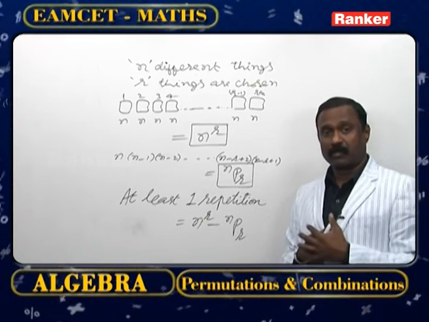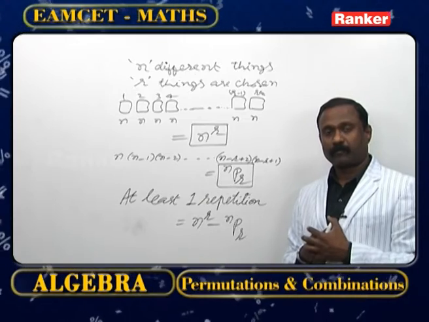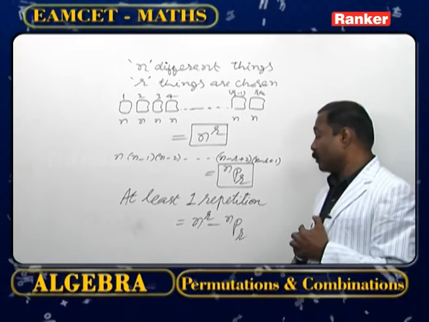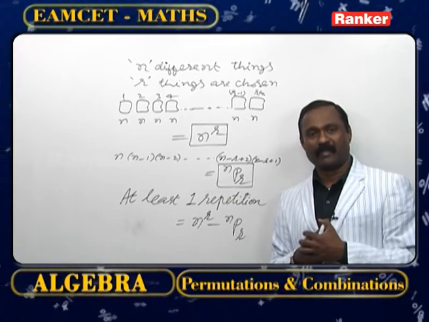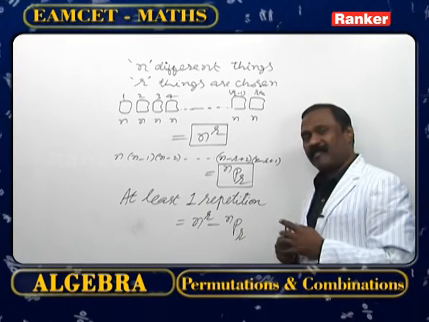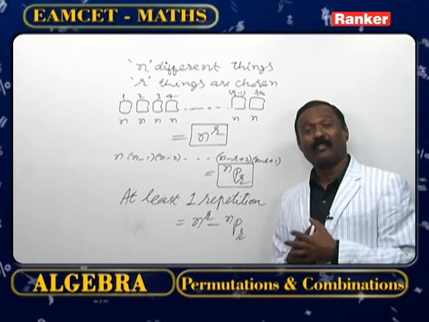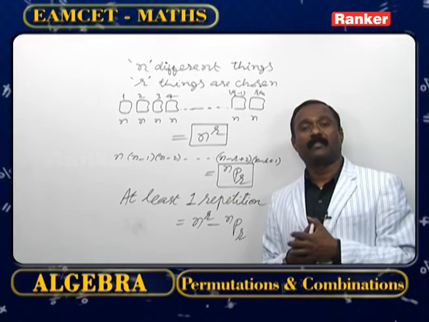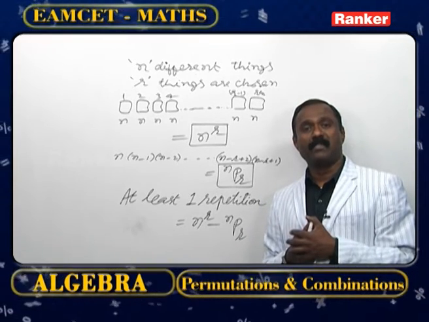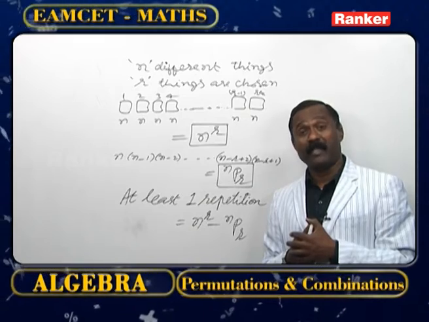How do you apply this in functions? That's what I'm telling you now. The number of many to one functions. What is nPr? Without repetition. What is the definition for one-one function? One-one function is that function where different elements in the domain will have different images.